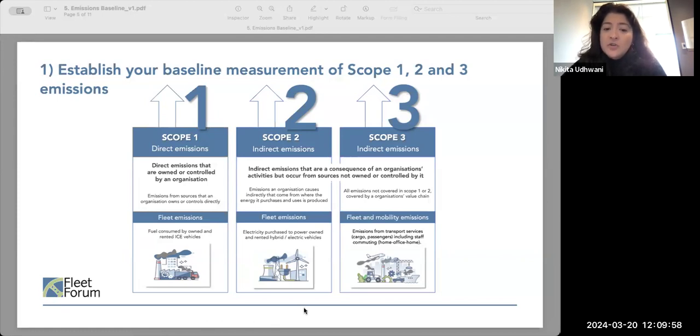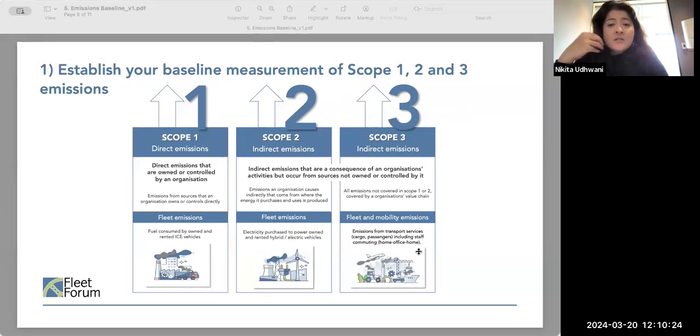And that's what I try to visualize on this slide for you. So your scope 1, 2, and 3, in essence, are about your direct and your indirect emissions in relation to your fleet. And these are key metrics really. So you need to understand where your greenhouse gas emissions are coming from. Scope 1 covers the direct emissions that are owned or controlled by an organization.